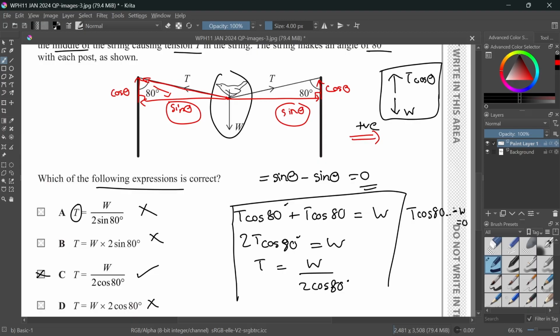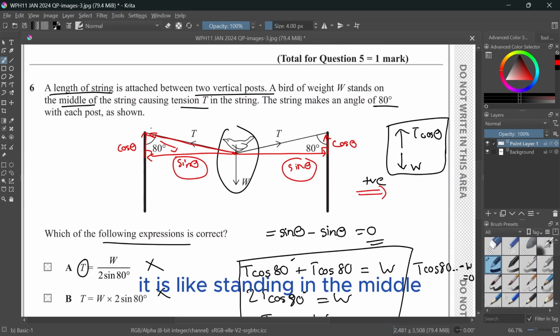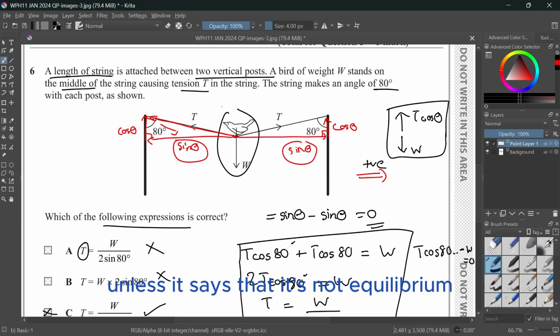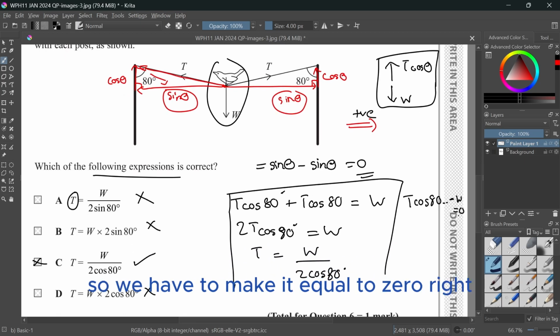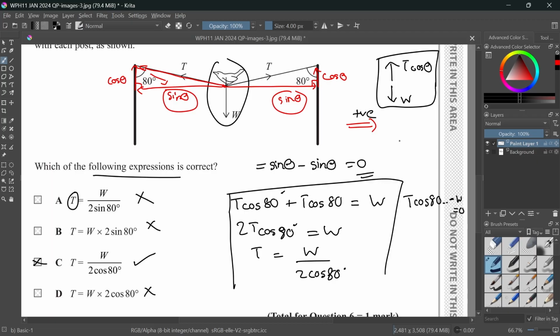Because the bird is standing in the middle. It's not having any imbalance. We assume that it is always in equilibrium. In this particular question, unless it says that it's not in equilibrium, we consider it to be in equilibrium, so we have to make it equal to 0, right? So this is your final answer.